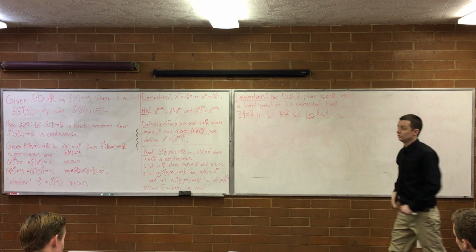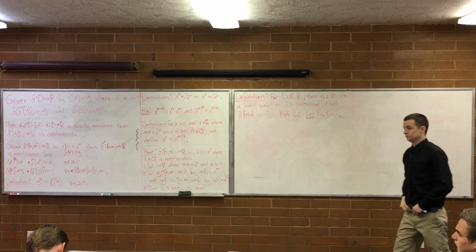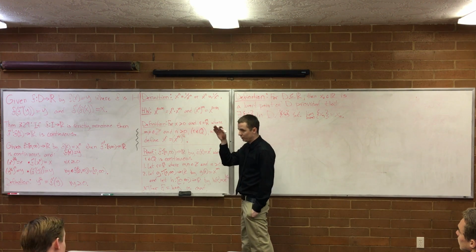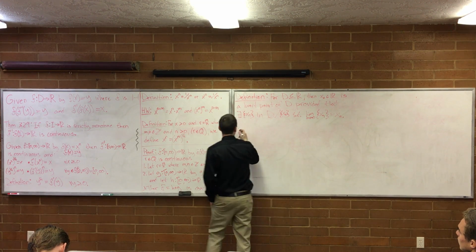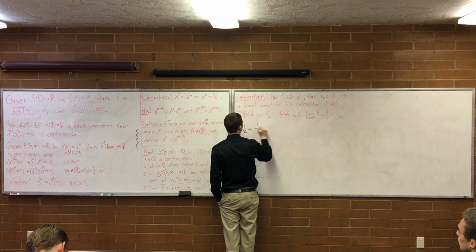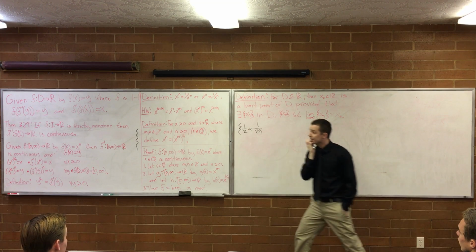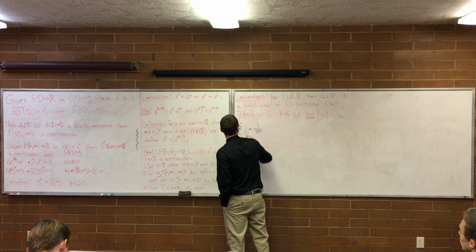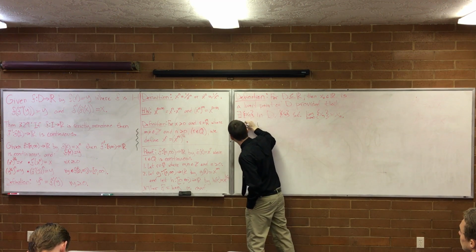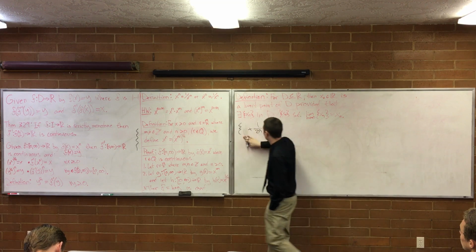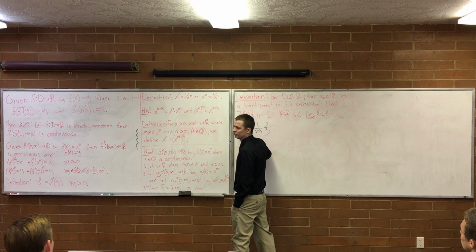So in the interval 0 to 1, like 1/2 can't be a limit. No, 1/2 can, but we couldn't use the sequence 1/2, 1/2, 1/2, 1/2. We'd have to use a sequence like 1/2 plus 1 over 2n, something like that, in the interval 0 to 1.